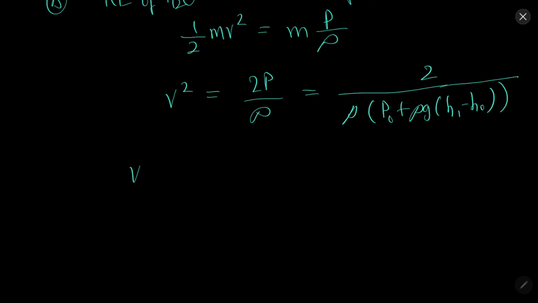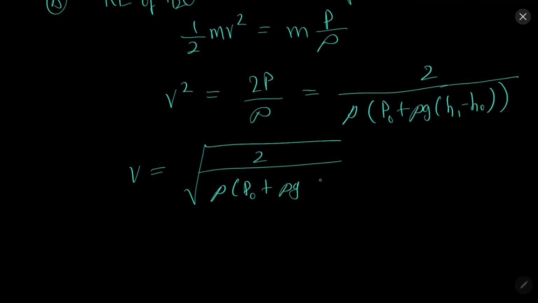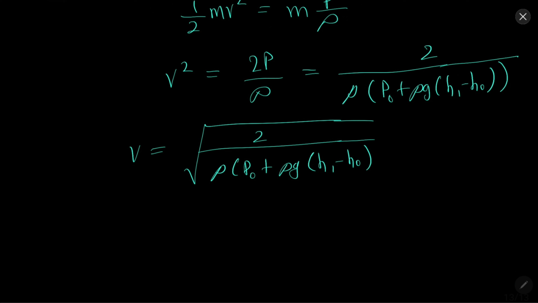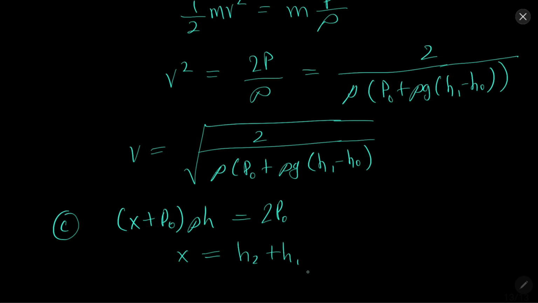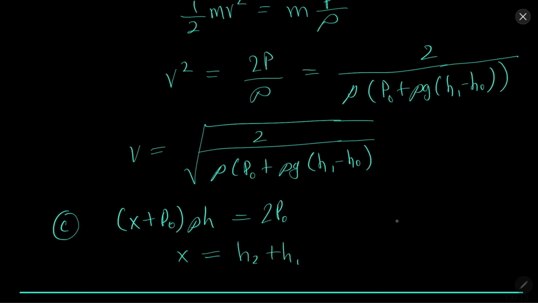So V will come out to be the root of that. C part, x plus p naught, rho h2, p naught, x will come out to be h2 plus h1. So x is h1 above the top.